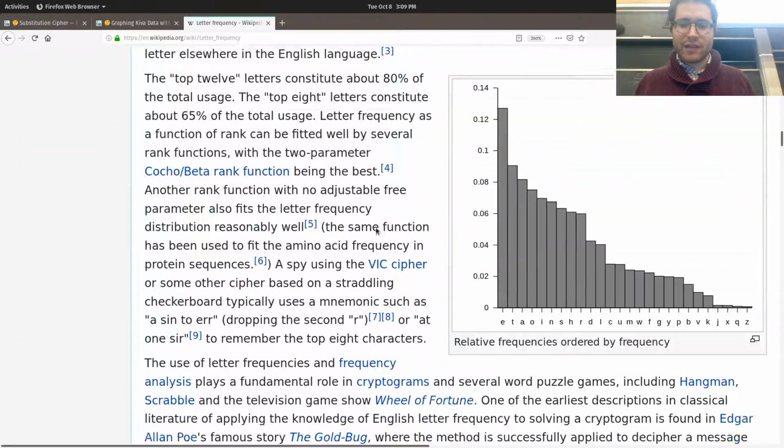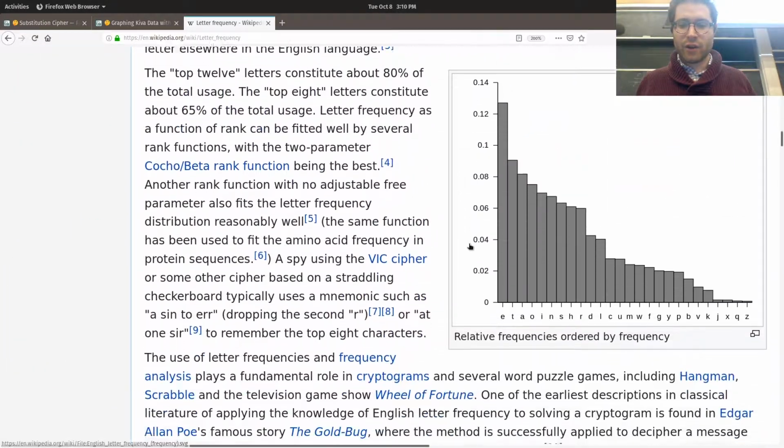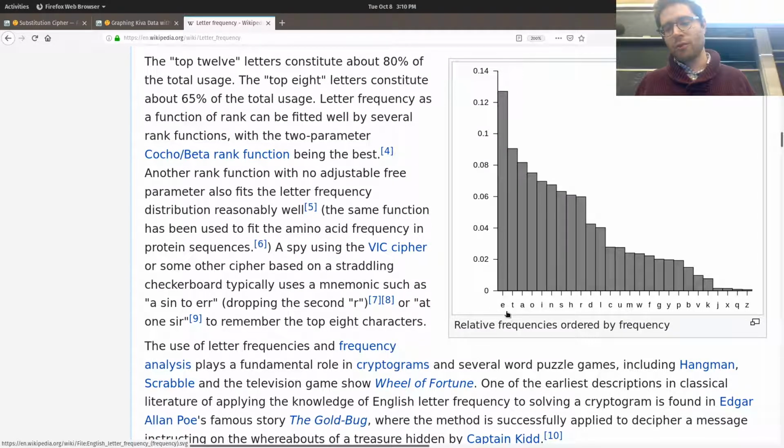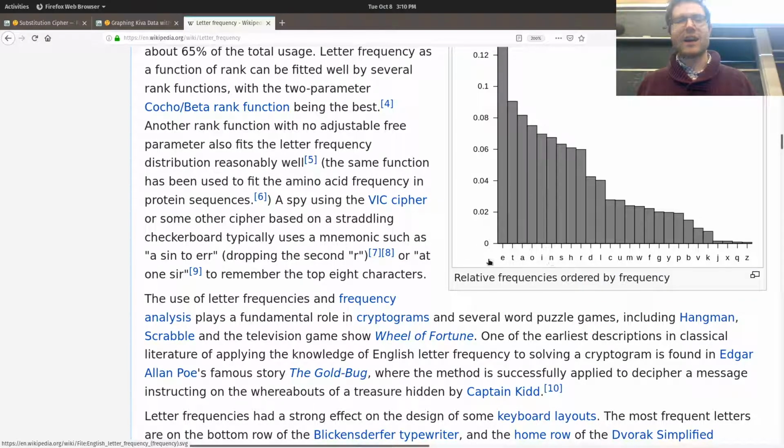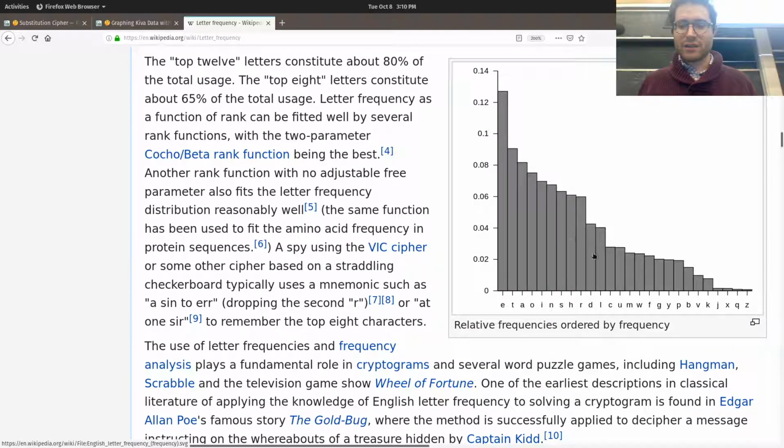And each language has a different one. Here, ETAOIN is basically the way to remember the most frequent letters in the English language. Like if you were playing Hangman, which guesses should you make first?